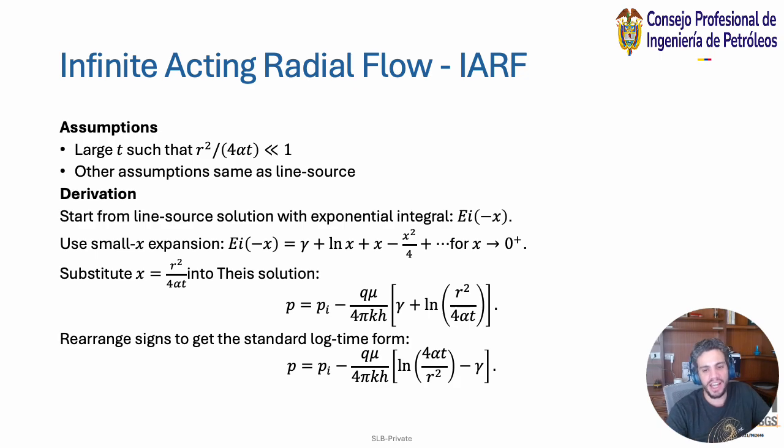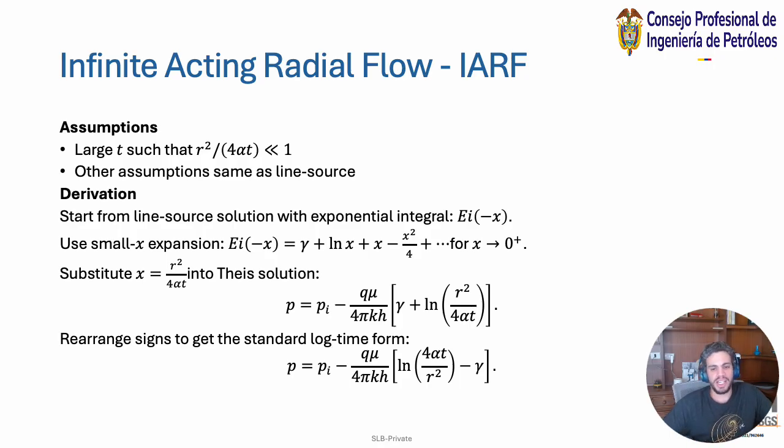And then when we take that and plug it back into the Tay solution, we get pressure equal to the initial pressure minus the volumetric flow rate multiplied by viscosity, all divided by 4 pi permeability multiplied by h. And we can plug our assumption in there. So we can do this gamma plus natural log of r squared over 4 alpha t, right?